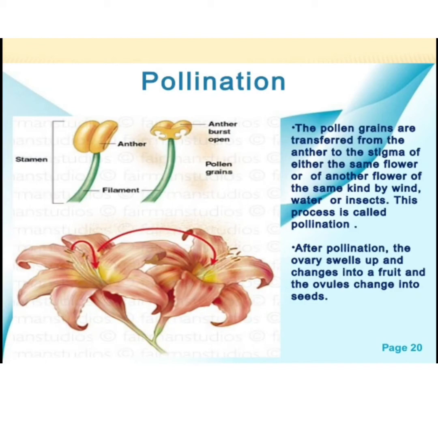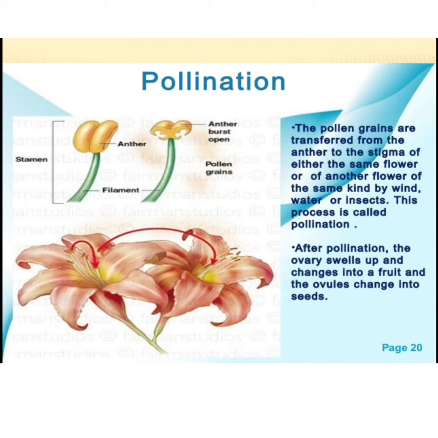The pollen grains are transferred from anther to stigma of either the same flower or of another flower of the same kind. By what things? By wind, water or insects. So this process is called pollination.